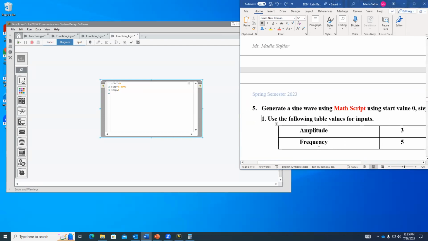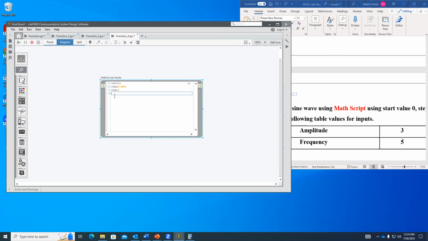And the amplitude and frequency, these are the inputs. So you can write here also frequency equals 5 and amplitude A equals 3. Or you can give it here also. It's up to you. Input is F and you will choose here create control.